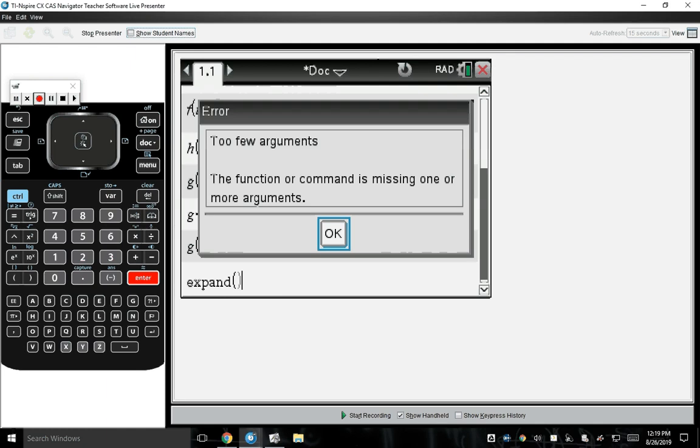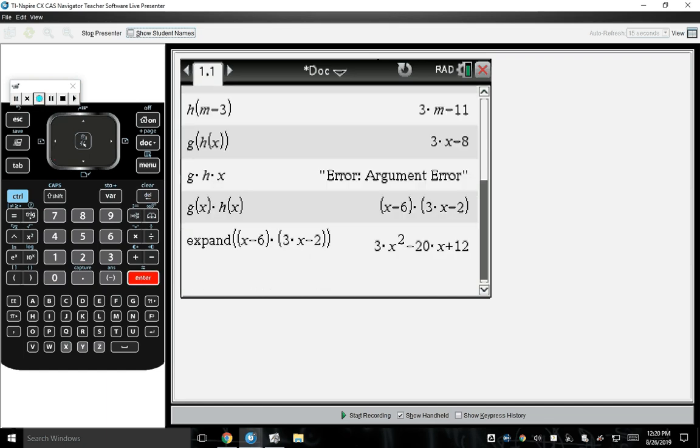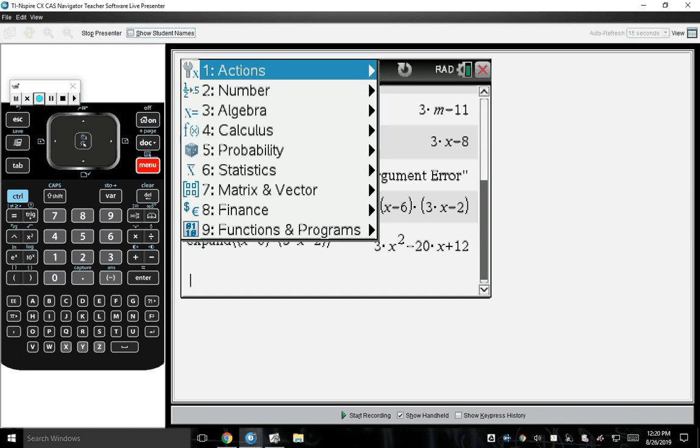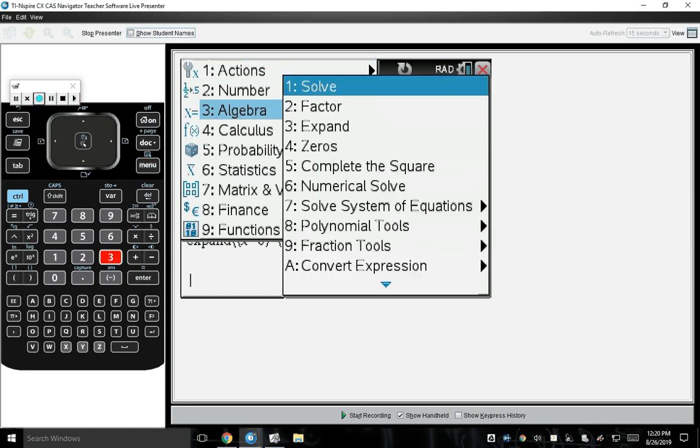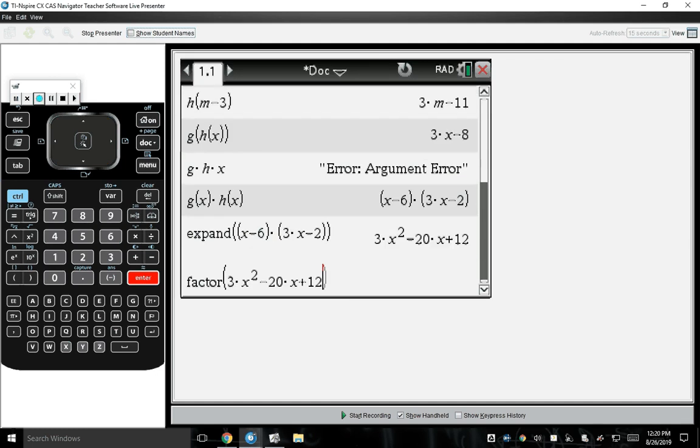I'll grab this by pressing enter, and then it will expand it, and there's your answer. So expand means to FOIL. Yeah? Okay. So expand means to FOIL. Menu, 3, factor, could be to factor that back to where it was.